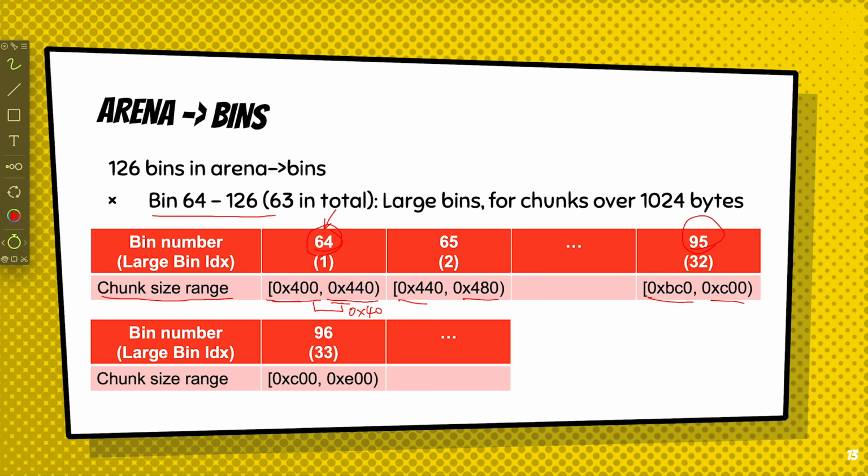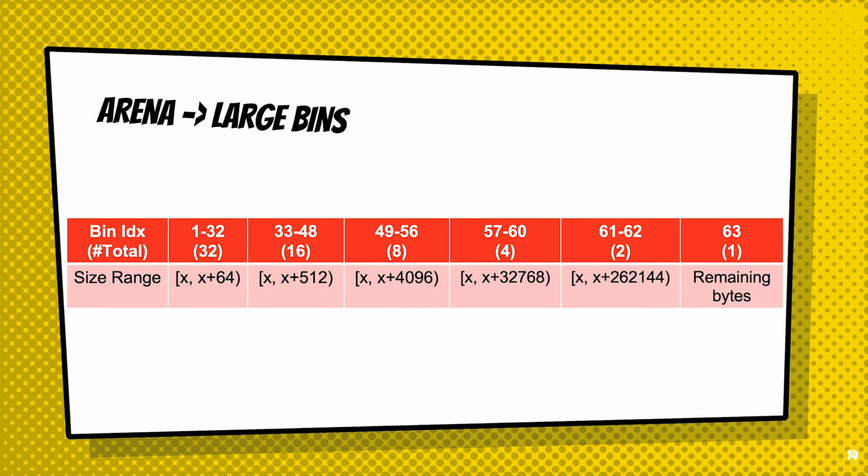After bin 95, it increases this interval, so it increases the length from hex 40 to hex 200. This hierarchy keeps going. In fact, if you look at this table again, you will find that for the first 32 bins, the size range is always hex 40, which is 64 bytes.